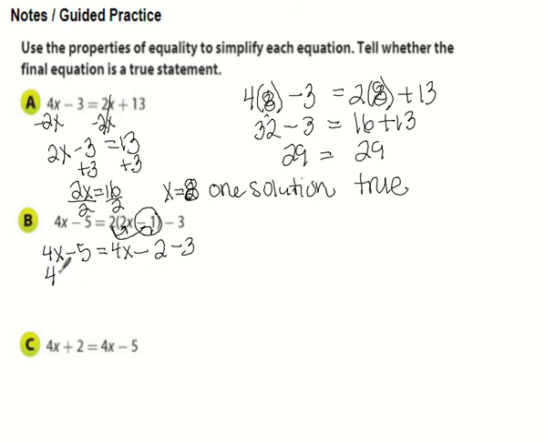So 4x minus 5 equals 4x, negative 2, negative 3 is negative 5. And just to fully finish it, I'm going to subtract my 4x from both sides. But the thing is that's going to cancel this one, leave me with negative 5. That's going to cancel this one. It's going to leave me with negative 5. And we would say this is infinitely many solutions.